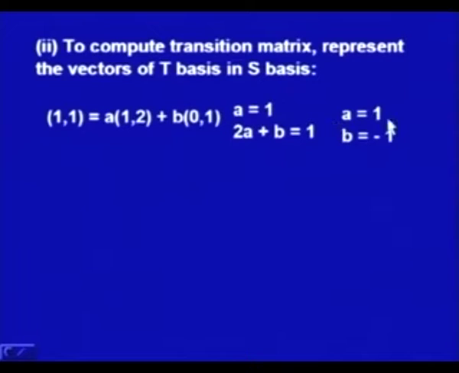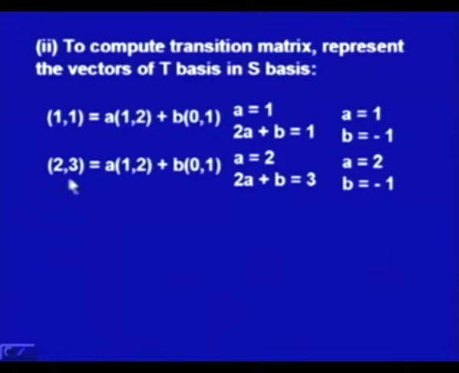So A = 1 and B = -1 is the solution of this. Then the second vector, (2, 3), we express again as a linear combination of (1, 2) and (0, 1), and we form a system of equations as this. They are solved to get A = 2 and B = -1.